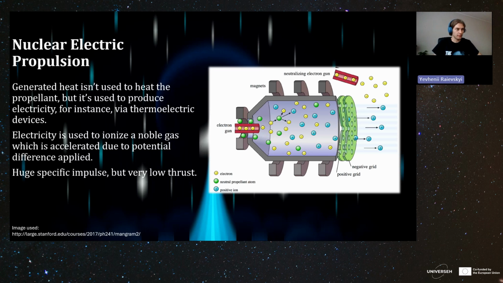They sip propellant very slowly, but by accelerating it to extremely high speeds, they gradually build up a large velocity change over time by thrusting continuously for months or years. In essence, nuclear electric propulsion spacecraft apply a gentle push, but can keep that push going for a long duration since the nuclear reactor supplies a steady flow of power.